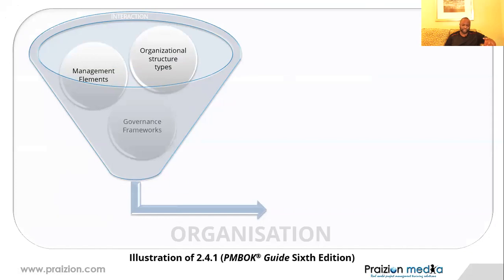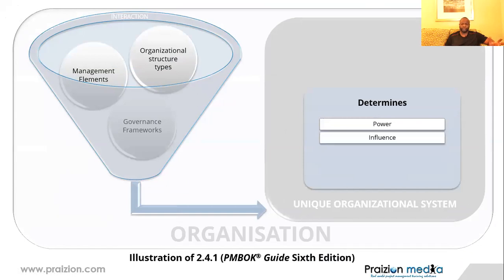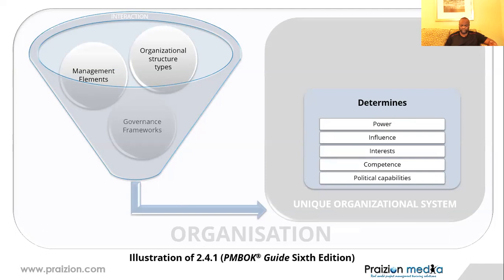And all of these three, their interaction, it influences power of the people, influence, interest, competence. And when I say people, I'm really keen on the project manager because that's who we are. Political capabilities of the project manager, right? This system of sorts, right?